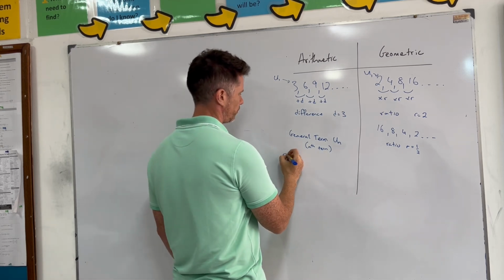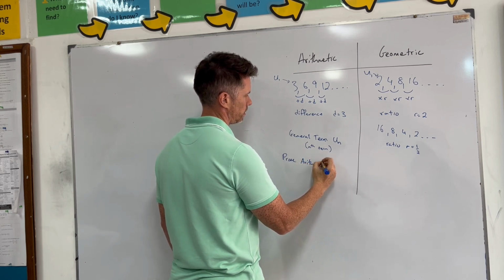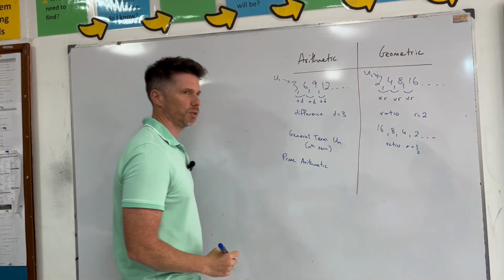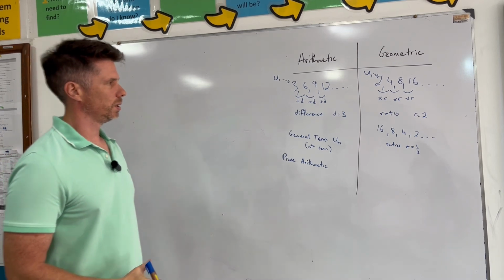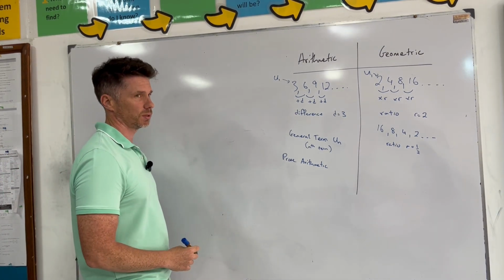To prove something is arithmetic, if any two consecutive terms subtracted from each other give the same answer, that means it is arithmetic.